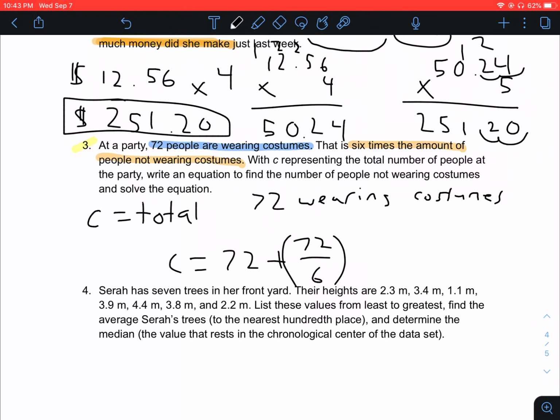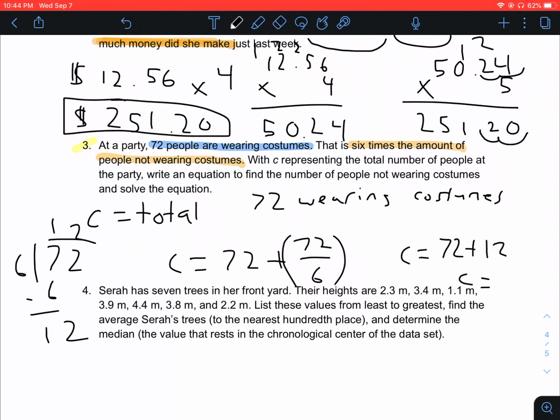Then we simplify the equation into C equals 72 plus 72 divided by 6. 72 divided by 6 is 12. And C equals 72 plus 12, which is 84. So there will be 84 people not wearing a costume.